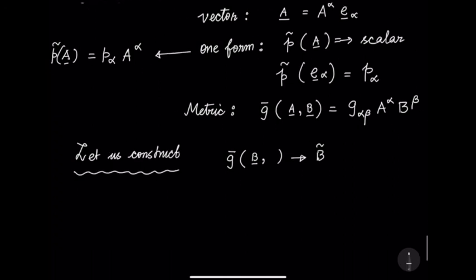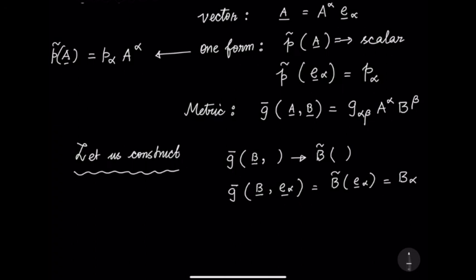Then you see, if I take this, it will be equivalent to, one form has one place to put things in, this, which is B alpha, the alpha component of that.